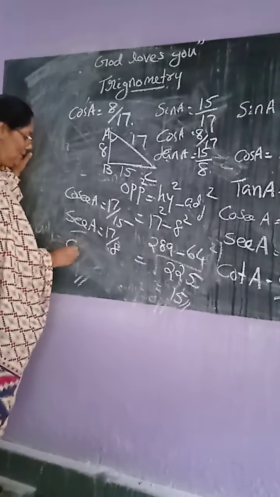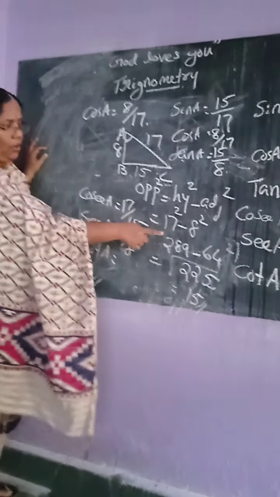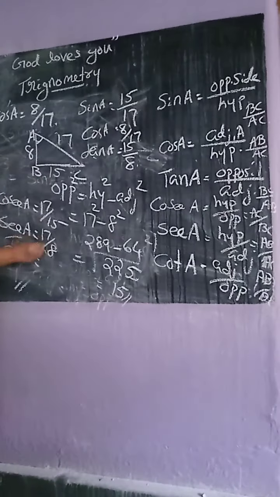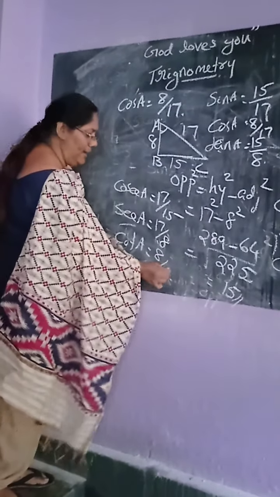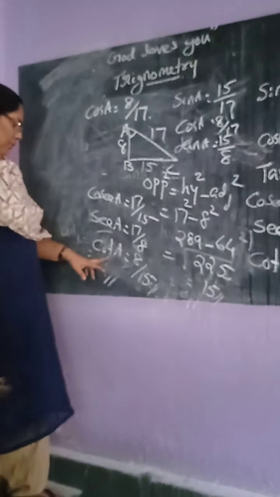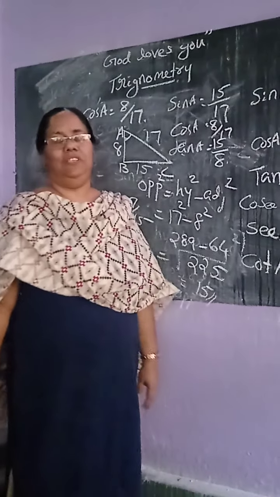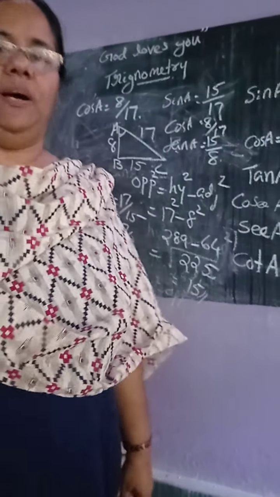Understand? Then the last one, cot A. What is the formula? Adjacent by opposite, or the reciprocal of tan. Here tan is 15 by 8, therefore cot A is equal to 8 by 15. So this is the first part. Do it.